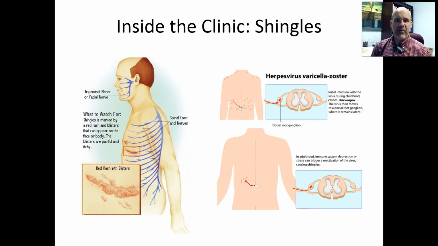So it's not 100% effective, but probably a pretty good chance, even if you did get the shingles, if you've been vaccinated, then maybe that outbreak of shingles is not going to be quite as strong because your immune system has been beefed up and it's going to be able to take care of the shingles virus a little bit faster than if you hadn't had the vaccine. So probably a good idea for older people to get that if they have not had it.